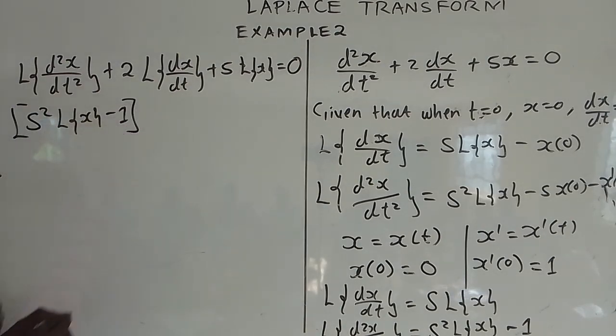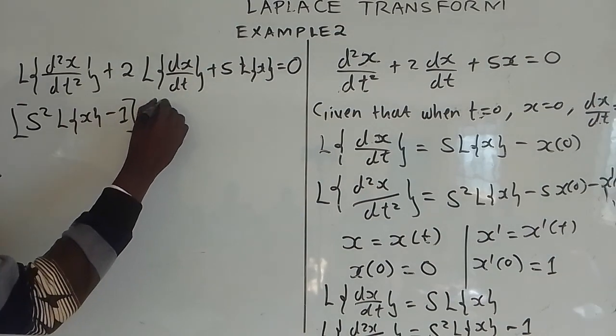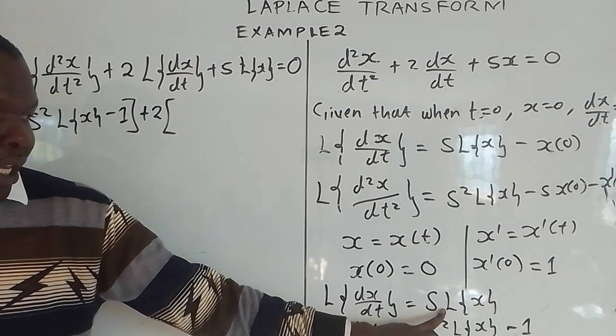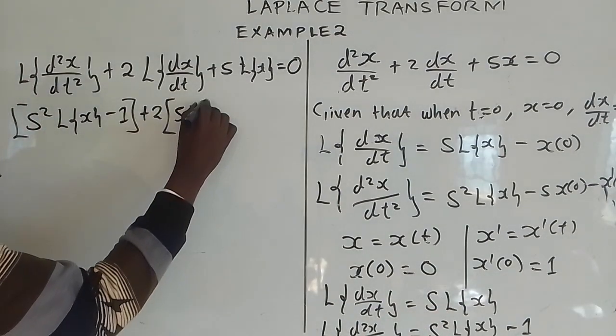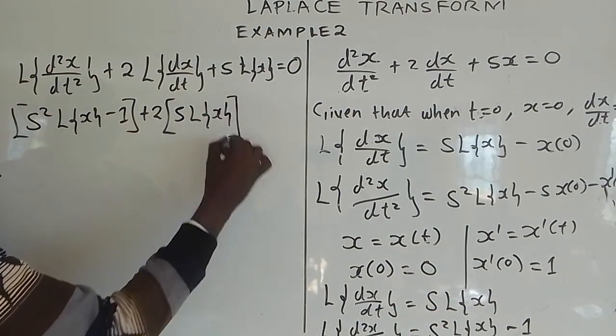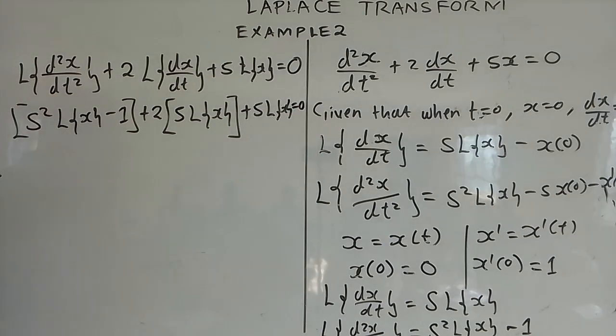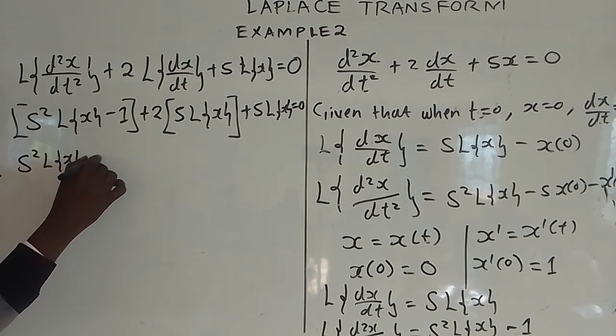You bracket it because the whole of this means that. Then it is plus 2 Laplace transform of dx over dt. What have you found it? s Laplace transform of x, isn't it? Then it is plus 5 Laplace transform of x to be equal to 0. Are you seeing that? So the next step is to open the bracket. If you open this bracket, you will get just the way it is: s squared Laplace transform of x minus 1.